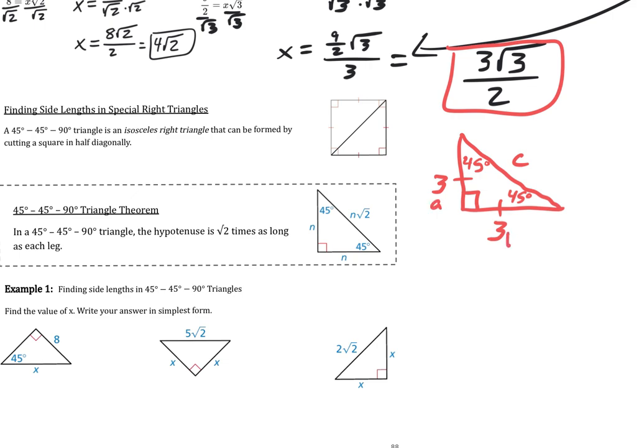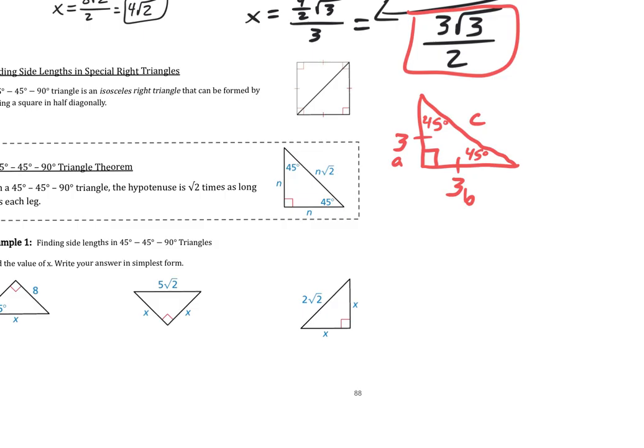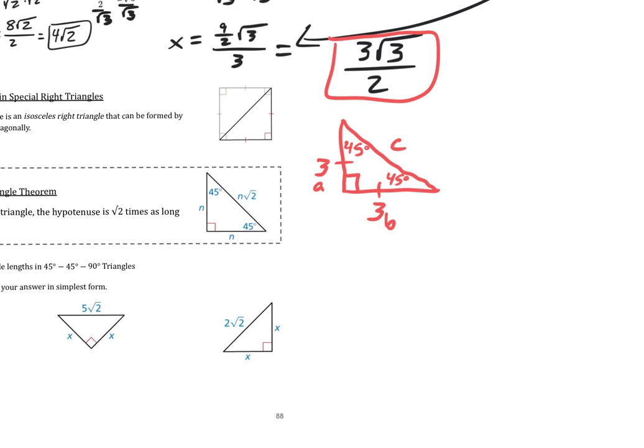And then these 2 would be my A and my B. So if I want to find that third side, going back to the last 2 days, I would write this like 3 squared plus 3 squared equals C squared. Right? A squared plus B squared equals C squared.